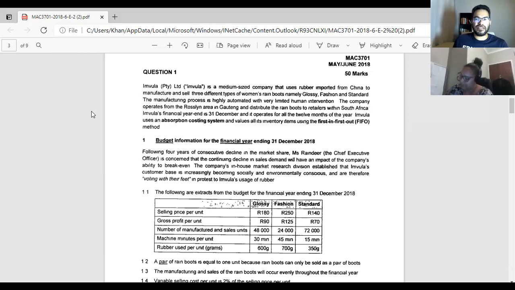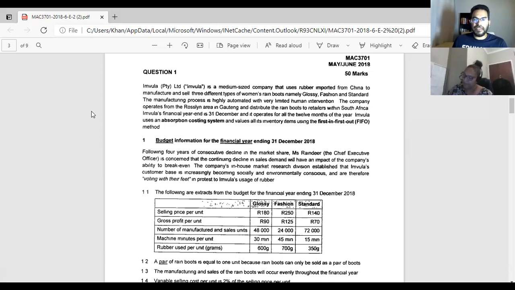Identifying the costing system in cost accounting is extremely important. You have 2 types of costing systems: the variable costing system and the absorption costing system. At this point in time, your brain must already identify the relevance of an absorption costing system versus a variable costing system.